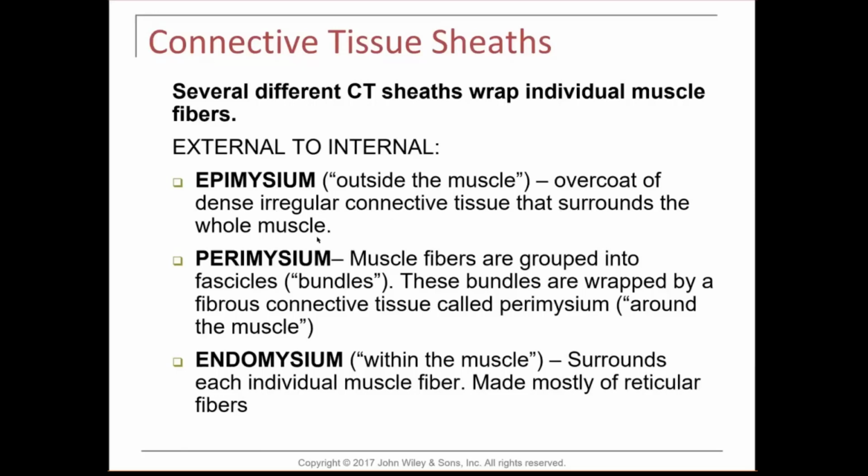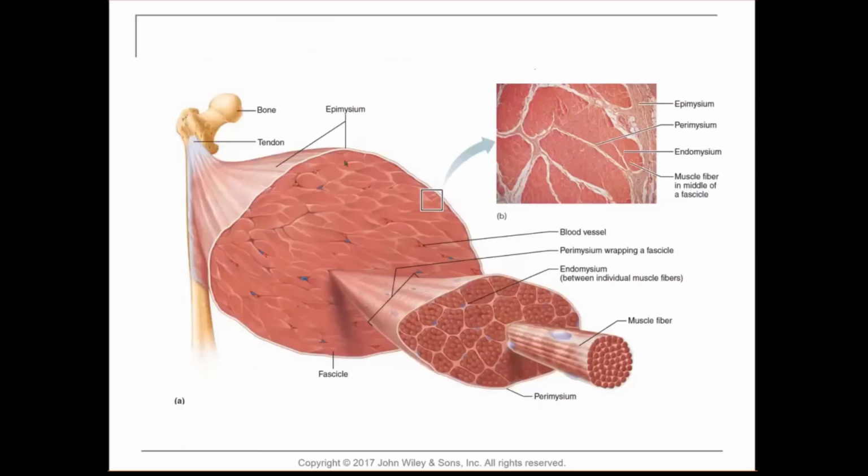Our skeletal muscles are arranged much like tubes within tubes within tubes, right? Here's your massive tube, which would be your whole muscle, and I think we are looking at the bicep muscle here. Within that, you have these tubes. A tube found within our whole muscle is called a fascicle.